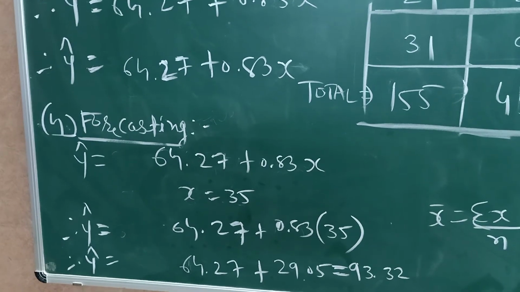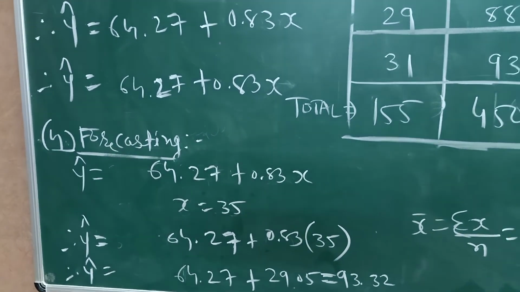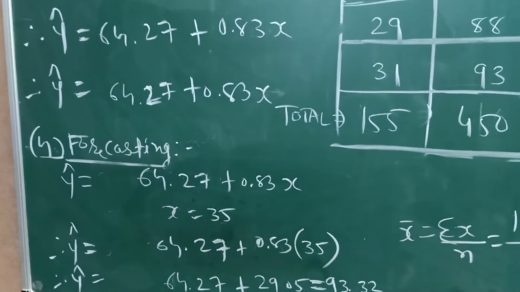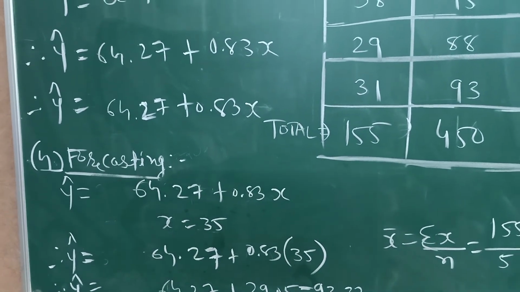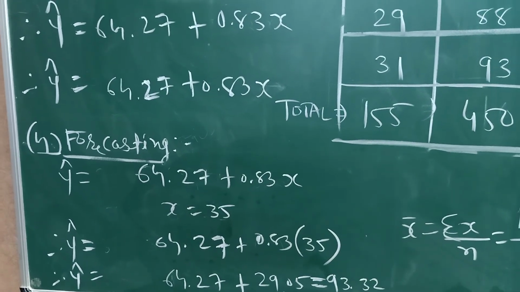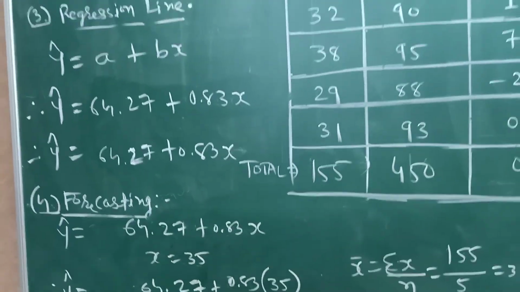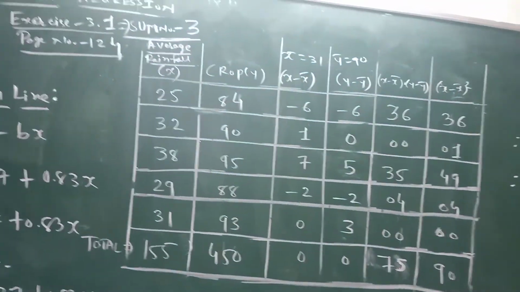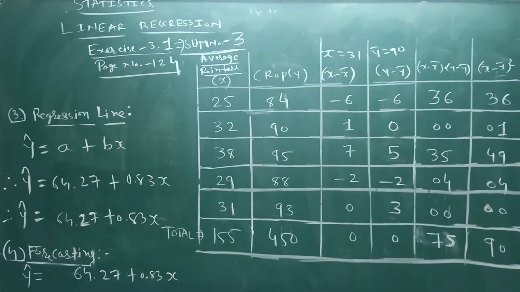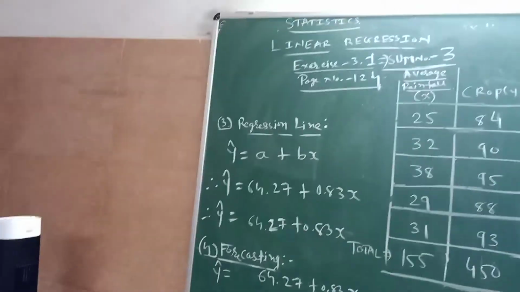We have to write at last that if the average rainfall is 35 centimeter, then the crop is 93.32 tons. So students, by this way you all can do the sums of this type by yourself also.